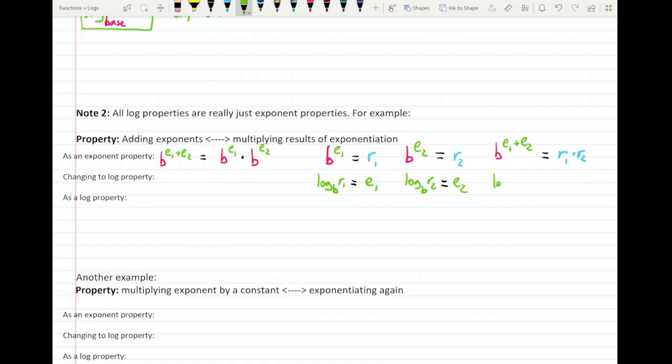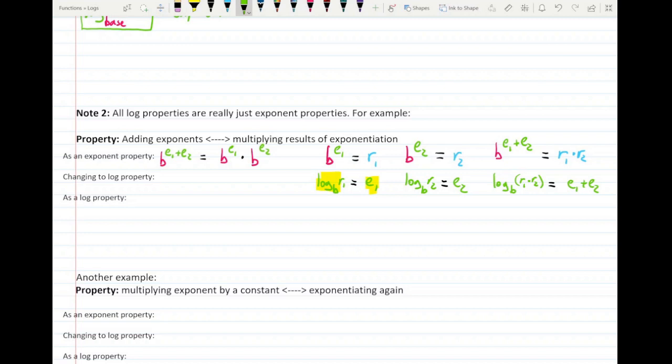And log base b of our third result, which is actually r1 times r2, is equal to our third exponent, which is actually e1 plus e2. Once again, you can think of each log expression as just one big block that is equal to some number, right? The number that we're exponentiating by. What we've essentially done here is just renamed our three exponents.